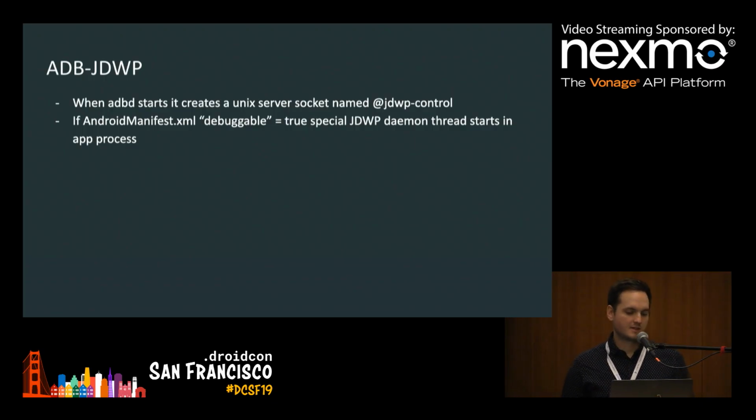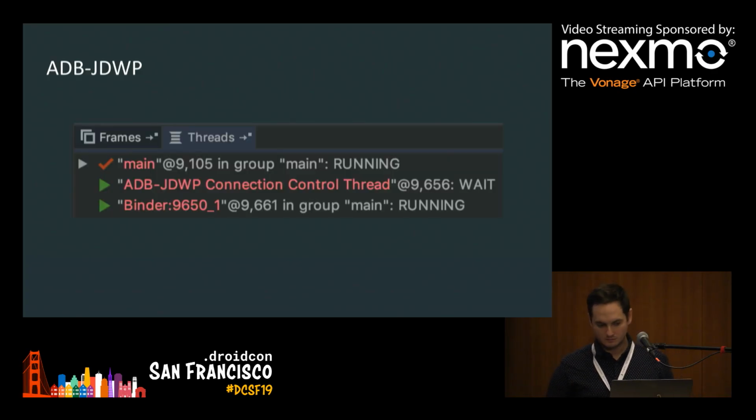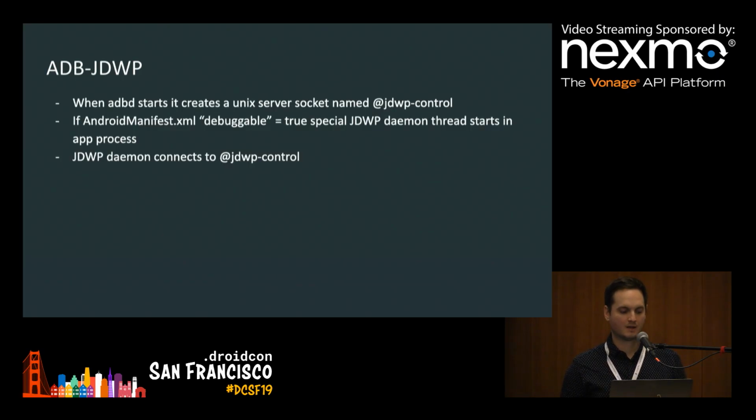So if this is the case, then a special JDWP daemon thread is started inside the process of our application. And we can see it on the debug screen in Android Studio. When we go to the threads pane, we can see the JDWP connection control thread inside of our application.